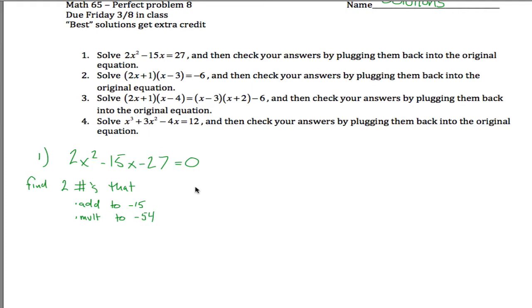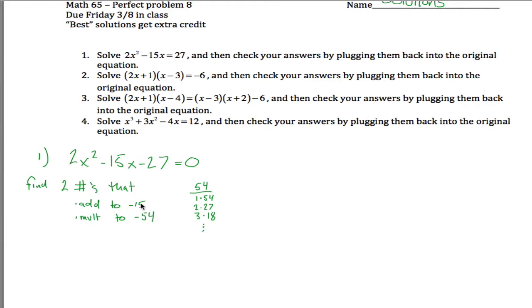And you can do that by finding all the numbers that multiply to 54. Let's see, 1 and 54 would work. 2 and 27 would work. 3 and 18 would work. And we could keep making this list, although I think we've already found the one we want.